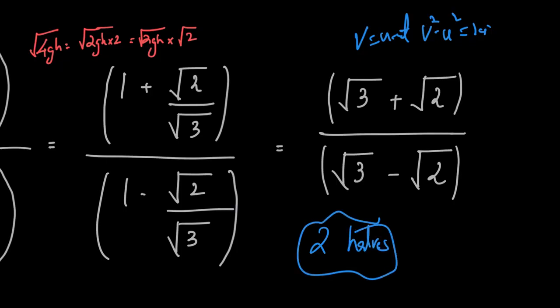We will try to do the same question using v is equal to u plus at and v square minus u square is equal to 2as alone, by splitting the motion into two halves. Something which is very time consuming from the point of view of JEE Mains, but is very conceptual.